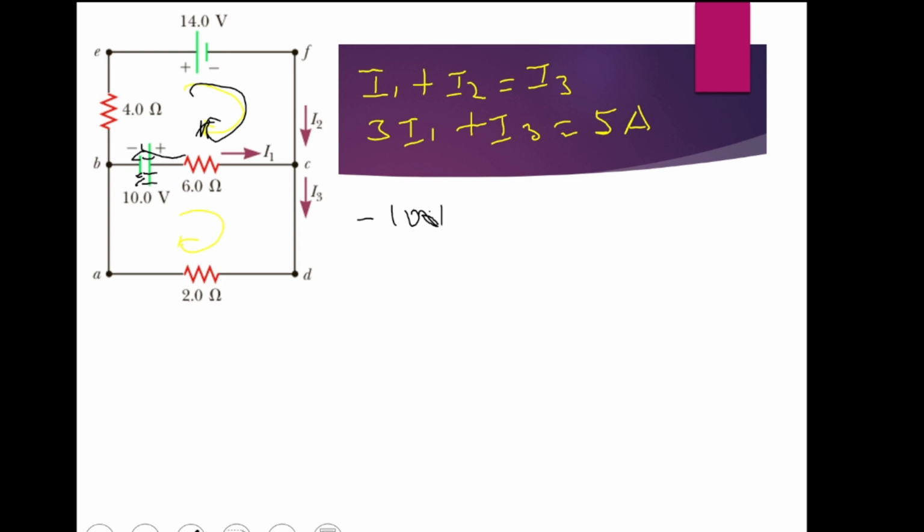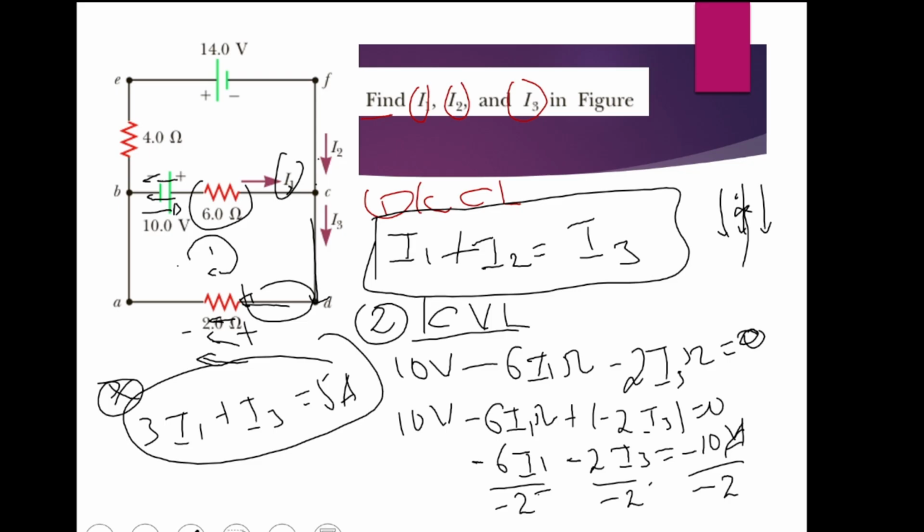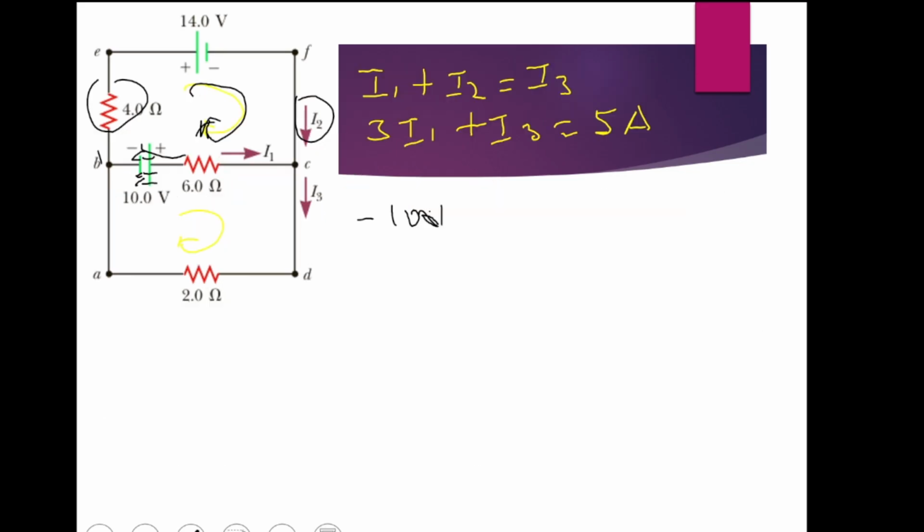And we are moving in this direction, so the current I2 passes through this 4 ohm resistor, because there's no other current that passes through this 4R. So it's moving in that direction, and this is the positive terminal, this is the negative terminal, so the electric field is in that direction, so we are moving along the electric field, so it will be a drop of minus 4 I2.